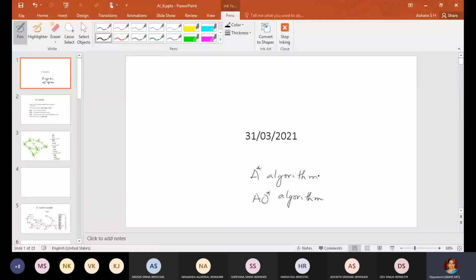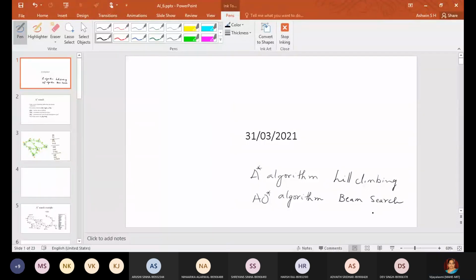After that, we have to discuss the hill climbing algorithm. After this, we have another technique known as the beam search algorithm.